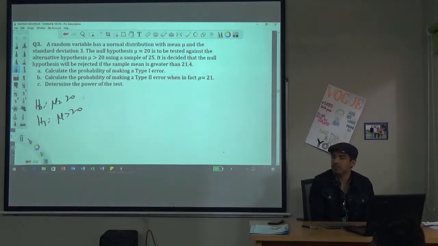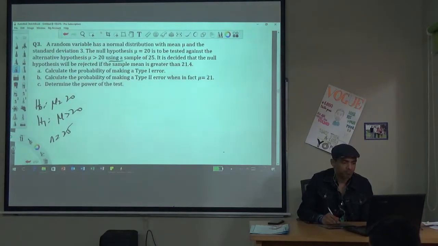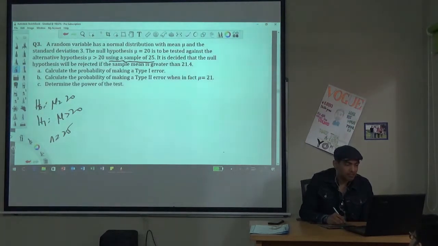So we suspect that the mean has increased. So using a sample of 25, it is decided that the null hypothesis will be rejected if the sample mean is greater than 21.4.